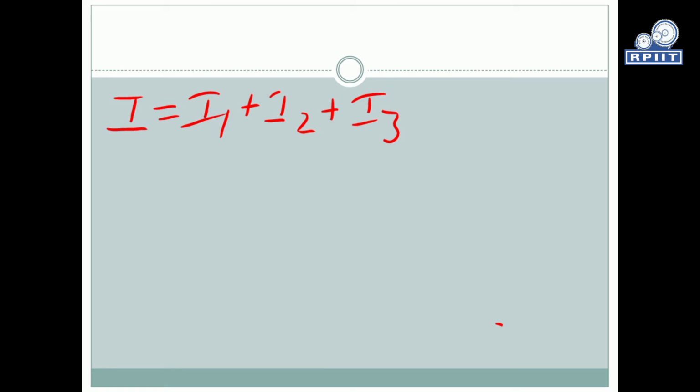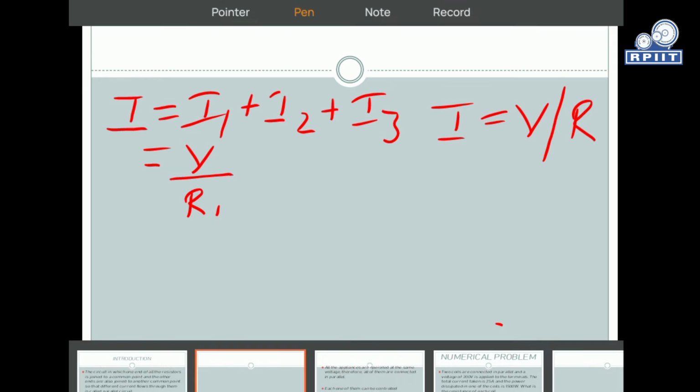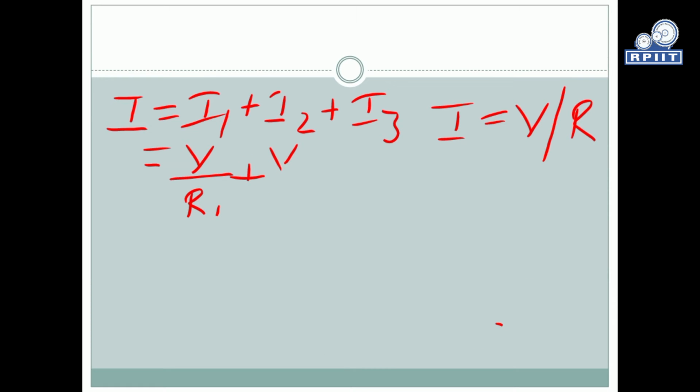We can also represent, according to Ohm's law, I equal to V by R. So we can write V by R1 plus V by R2 plus V by R3.